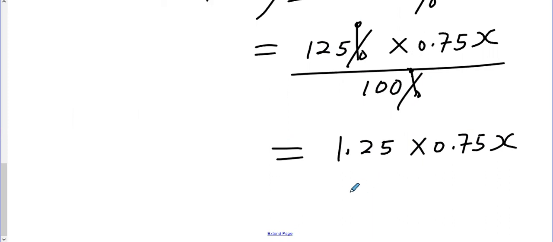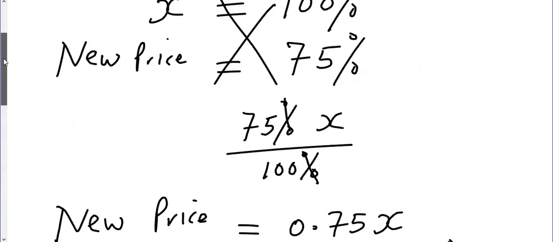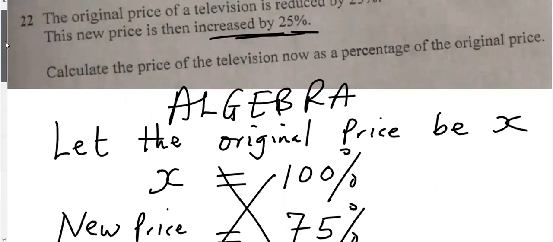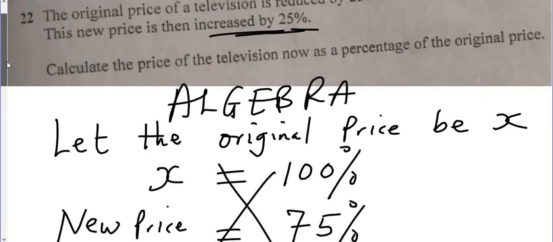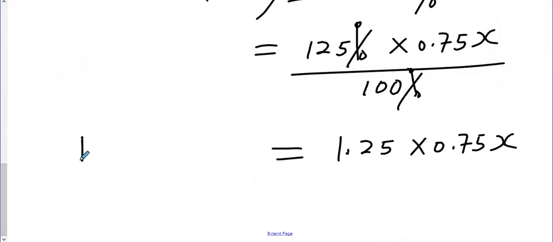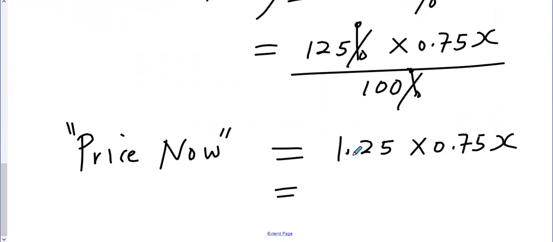This is the second new price, the price of the television now. The question asks for this as a percentage of the original price. So we are supposed to multiply these two numbers.